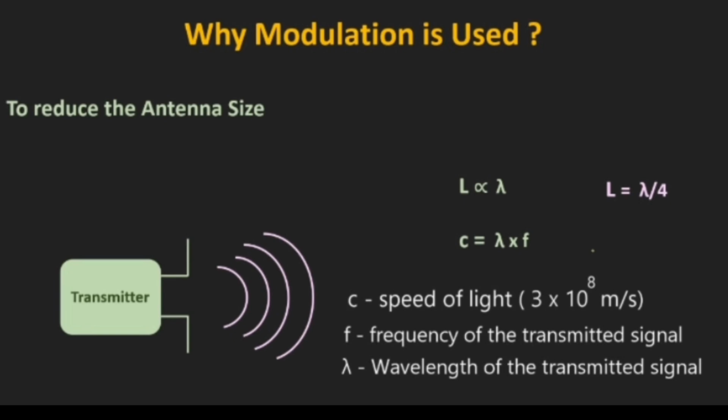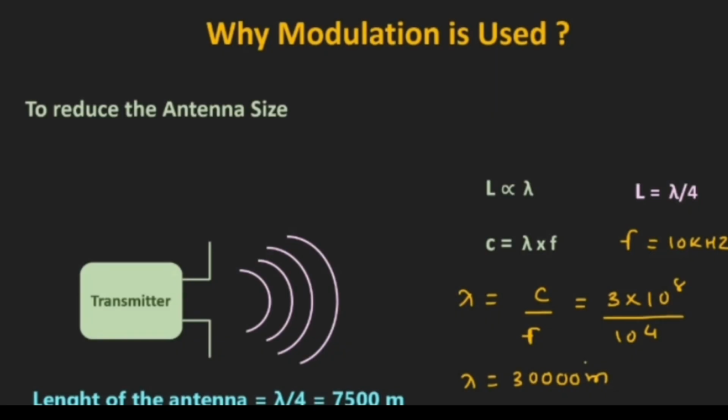Now, first of all we'll see what is the need of modulation. We need modulation because we want to reduce the antenna size which we are using to transmit the signal to the radio station. What is the problem with the antenna size? The length of the antenna should be 1 by 4 of the wavelength of the message signal, right? Suppose we take an example where the frequency of the message signal is 10 kilohertz.